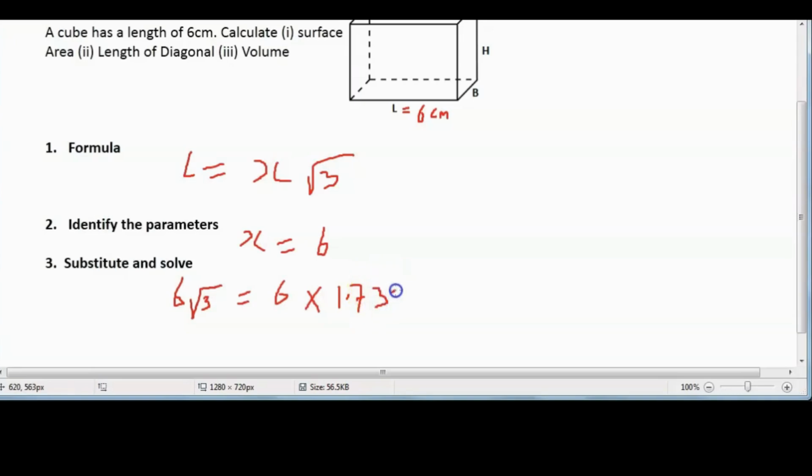That's root 3. Root 3 is 1.7321. We end up with approximately 10.4 to 1 decimal place centimeter.